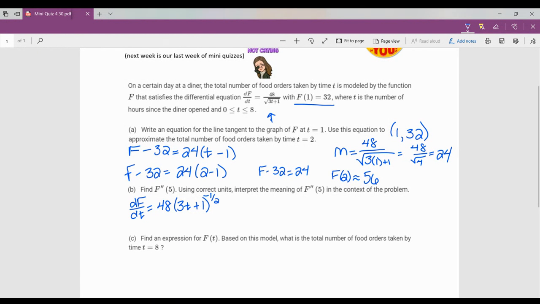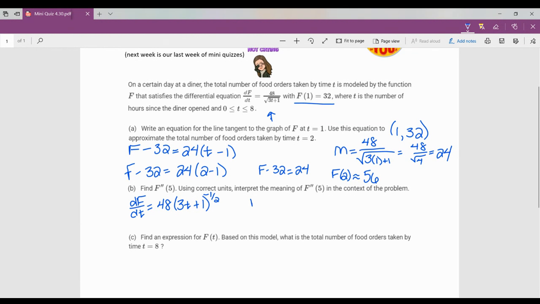All right, so we can just do straight up chain rule. We don't need to use any product rule or anything like that. So the second derivative, f double prime of t, is going to equal, take the negative 1/2, bump it down, so that's negative 24. I keep the inside the same. Then I subtract 1 from the exponent, and then I'm going to multiply by the derivative of the inside, which is 3.